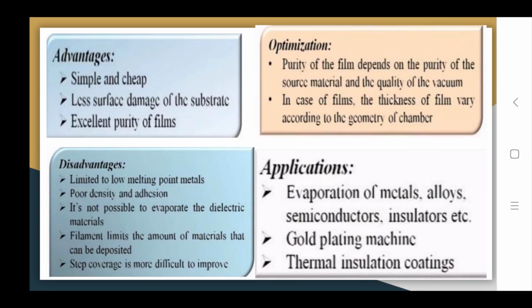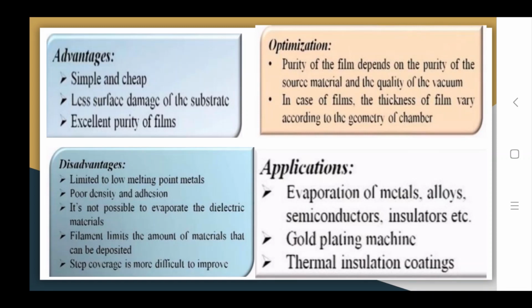Then some direct method, or some indirect method, we can use. Then we are getting excellent purity of the films. So we are just giving the energy to the source material, so that the source material can come into vapor form and simply deposit onto the target metal, maybe that substrate metal.